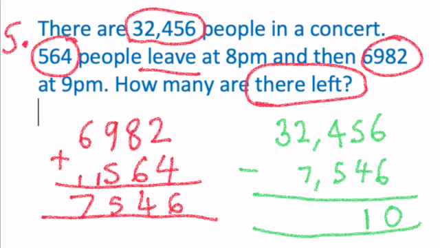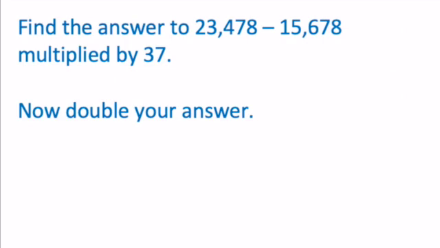You can't do 4 take away 5. 14 take away 5 is 9. 1 take away 7, so we'll put a 2 there, 11. 11 take away 7 is 4. So there are 24,910 people left in the concert.